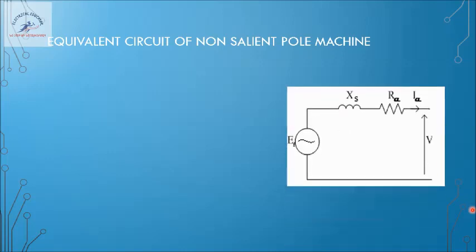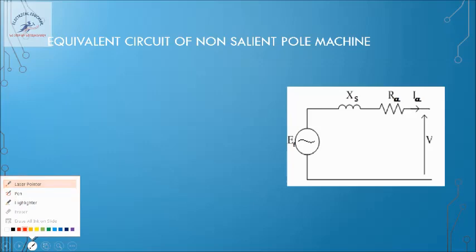Here this is like the back EMF of a DC motor. So we can call this a counter EMF. That EMF is represented by EF, and it is sinusoidal in nature. So it is shown as an AC supply. To the stator terminals, we are giving an AC supply, which is shown as V, and the armature current.